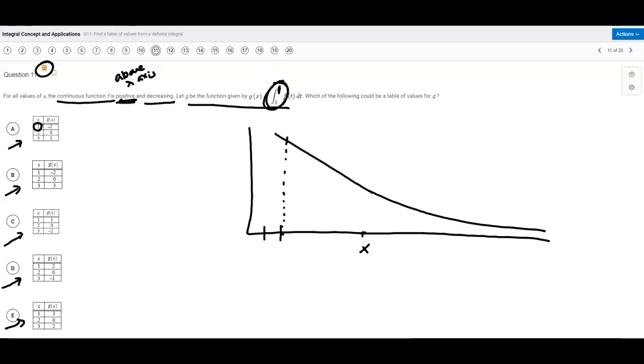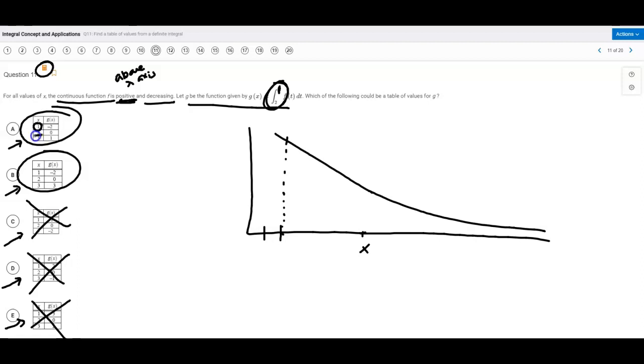Therefore, when x equals 1, I know that I have to have a negative outcome for g, which means this is a possibility because my g is negative, and this is a possibility because my g is negative. Neither one of these down here is going to work. So that's nice. We've narrowed it down to a 50-50 chance here, right?